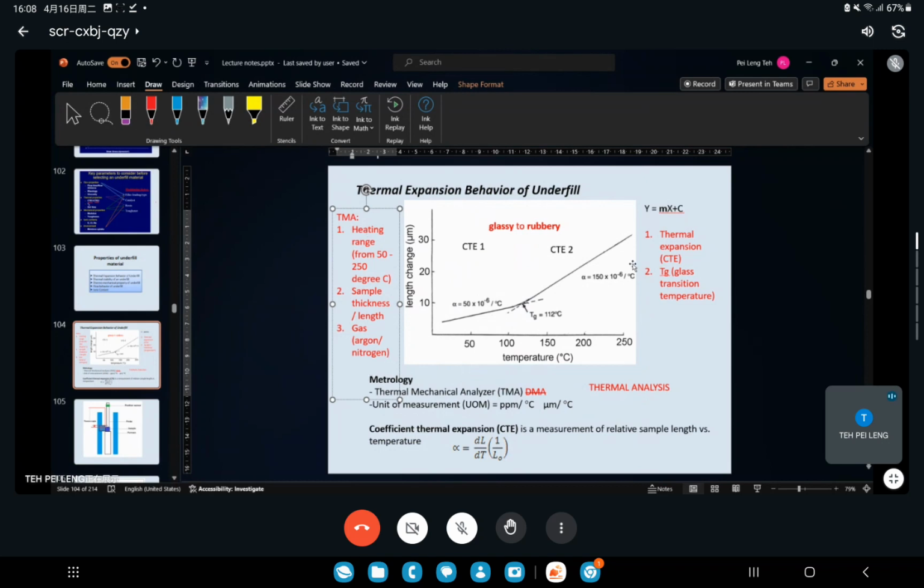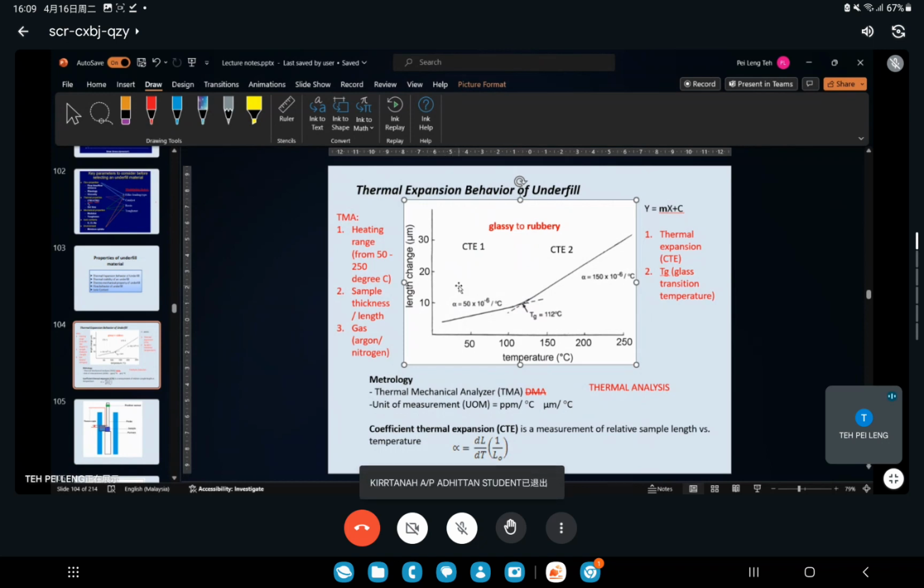So you must remember this graph. I let you know this graph is very important. Remember x is temperature, y is length change. So you must know what is the shape of the graph. No peak.